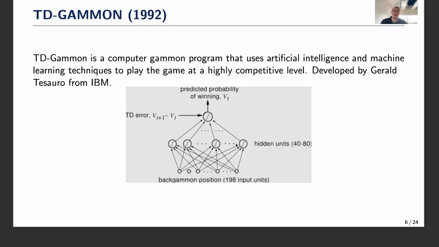Just from raw self-play and TD learning, it learned sophisticated positional strategies that even surprised human experts. This was a wake-up call for the AI and ML communities. Even shallow neural networks plus some reinforcement learning can produce expert-level behavior without any explicit symbolic reasoning.